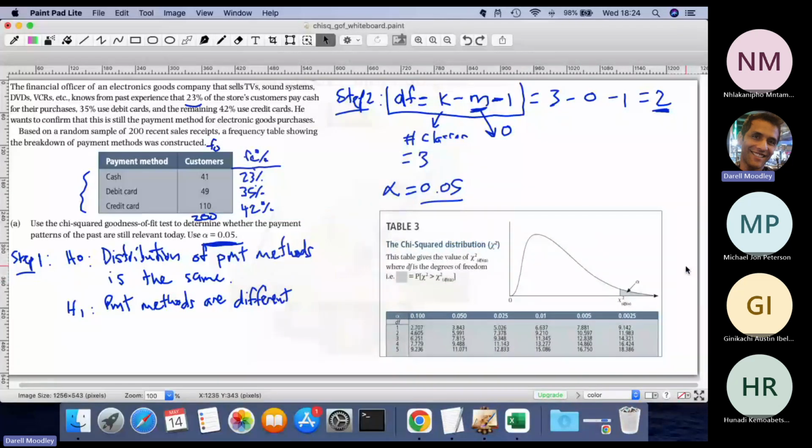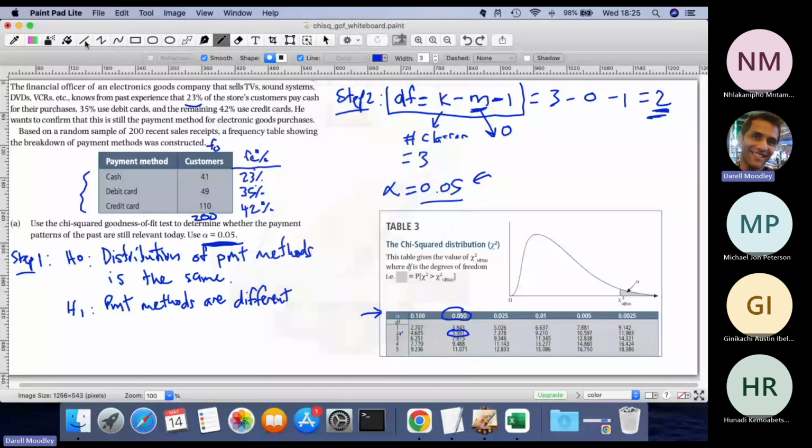We look at where alpha is 0.05, 5%. Anywhere on these columns, there's 5%. And our degrees of freedom is 2. So where they intersect, your critical value is 5.991.